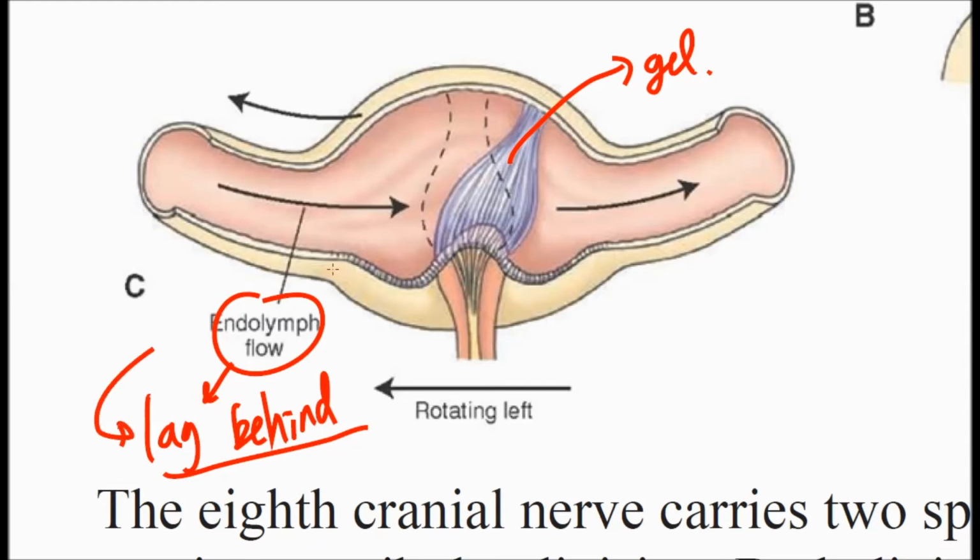So it will tend to stay still, but what rotates is this bony structure and also the gel structure as well. And because that's lagging behind, it will actually create the force in the opposite direction. So if the structure is moving this way, the fluid, because it stays still, will cause the force in the opposite way, and this will deflect the gel, and that movement will create either towards or away from the stereocilia.